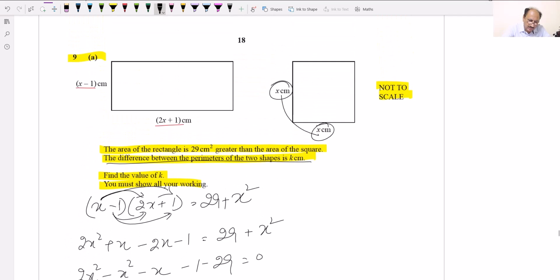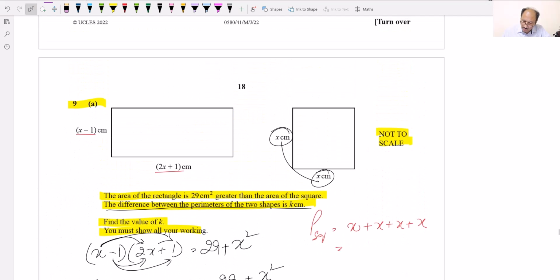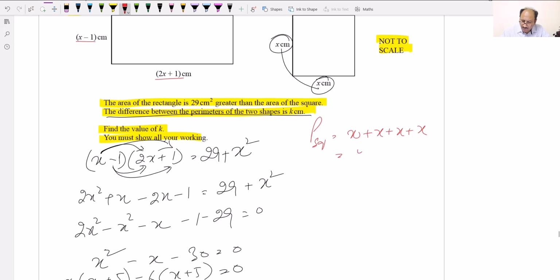Perimeter of the square will be equal to x plus x plus x plus x, where the x value is 6, so it will be 24. So the perimeter of the square is 24.